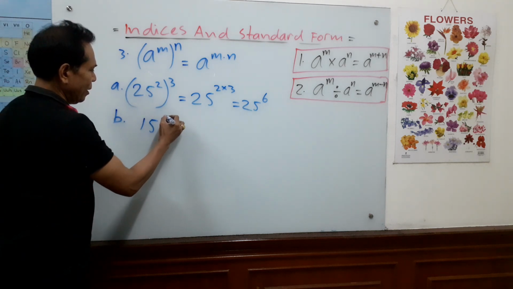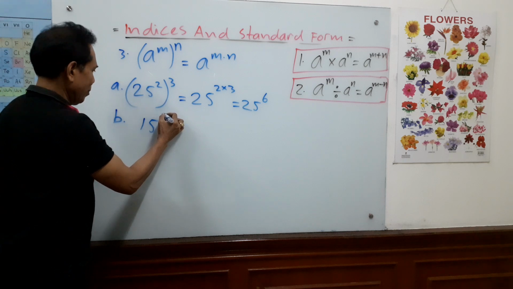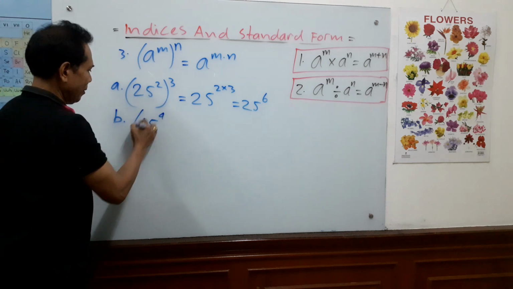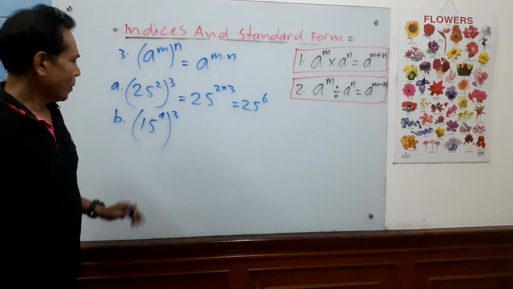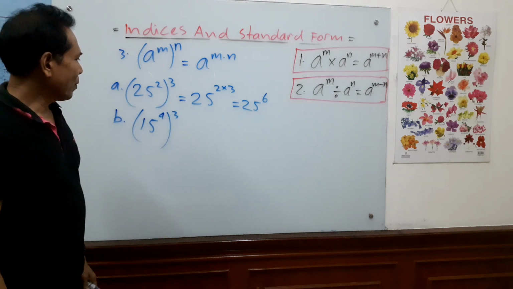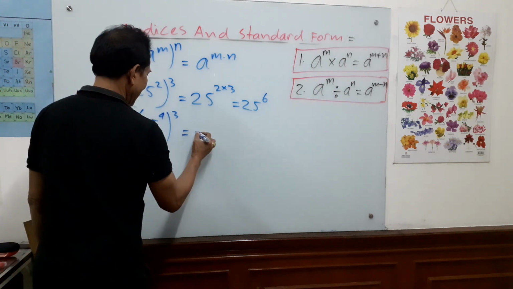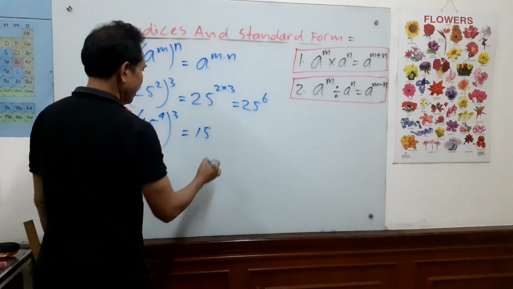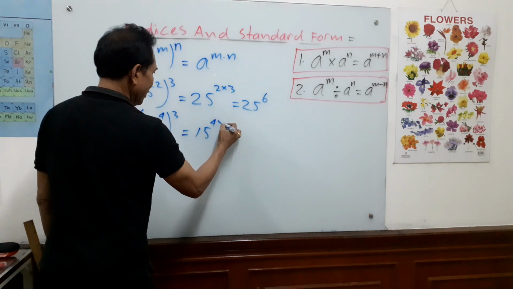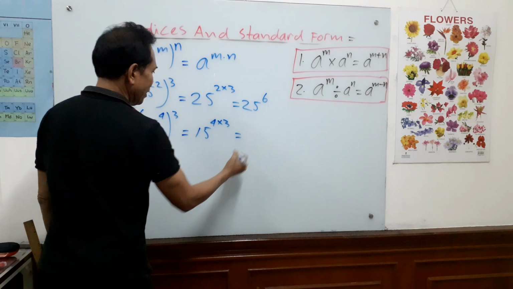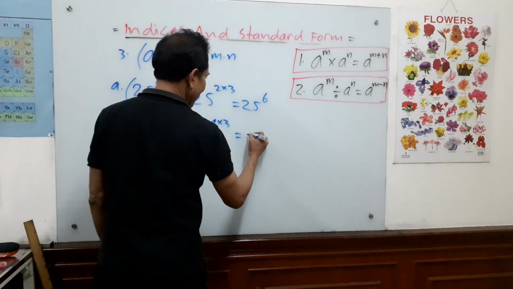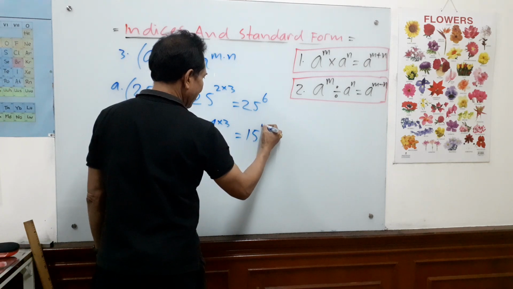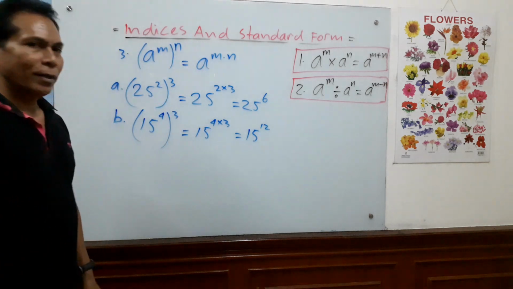15 power 4 to the power of 3 equals 15 power 4 times 3. 4 times 3 is 12. So 15 power 12. That's your answer.